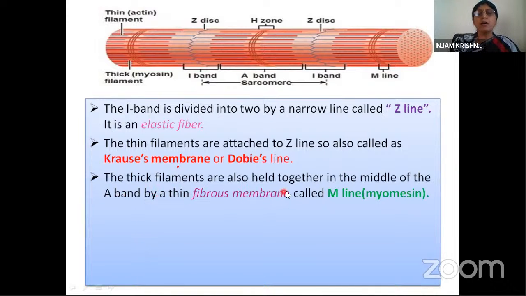The thick filaments are also held together in the middle of the A band by a thin fibrous membrane called the M line. This is the M line. At the center of the A band, one line is there, that is the M line. It is a fibrous membrane. It doesn't have any elastic nature.